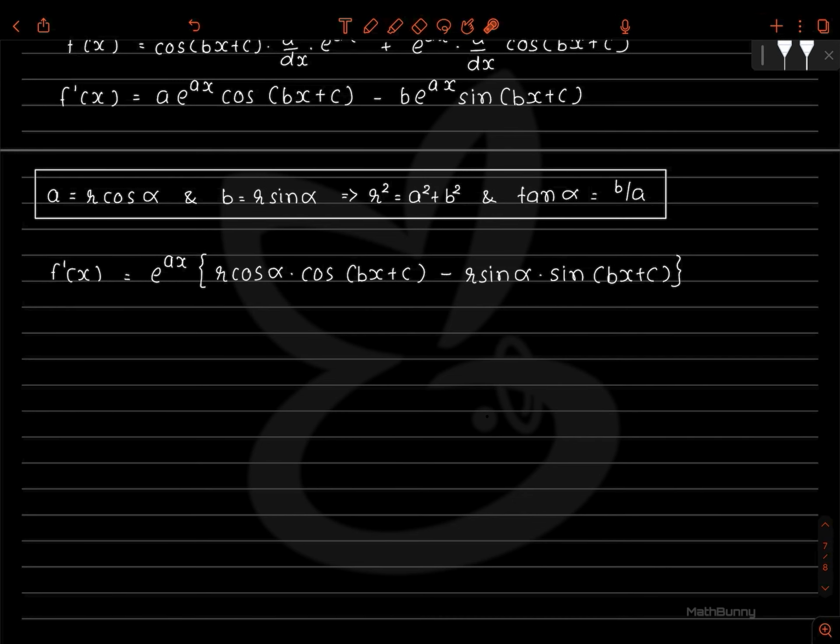You can see inside we can take r common and the remaining terms are nothing but the formula of cos(A + B). F dash of x would be equal to r e raised to ax cos(bx + c + alpha). This is the first derivative of the function.